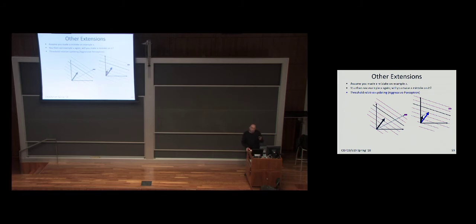And maybe this is disappointing to you. I just saw this and I corrected and I'm still making a mistake. What's happening here? So you could change the learning rate so that this doesn't happen. This is called aggressive perceptron, where essentially you're changing your learning rate in such a way that you will not make the mistake on this example immediately if it comes again.